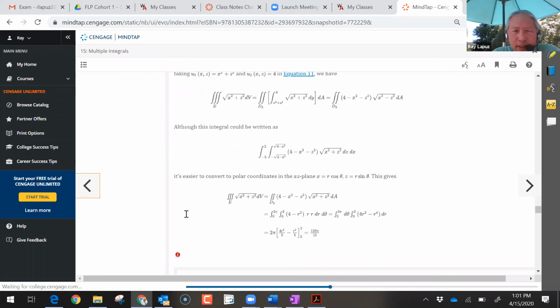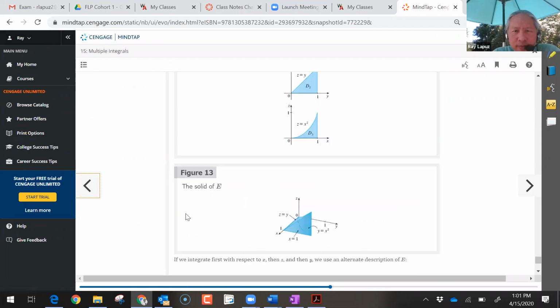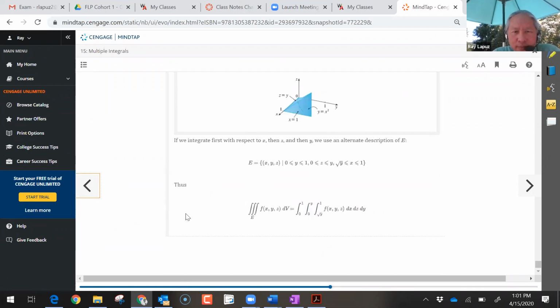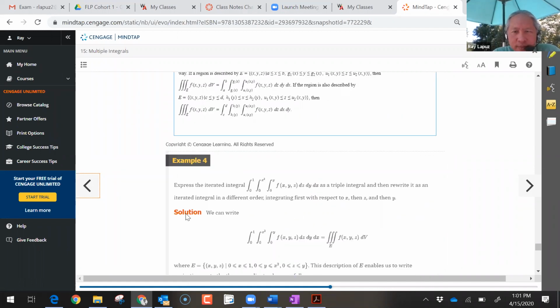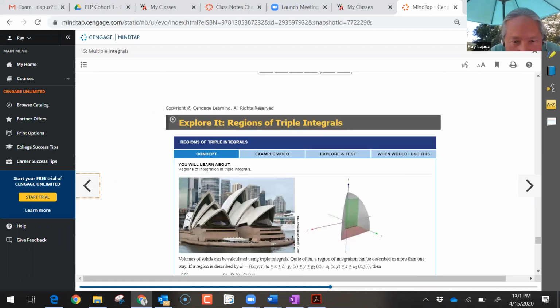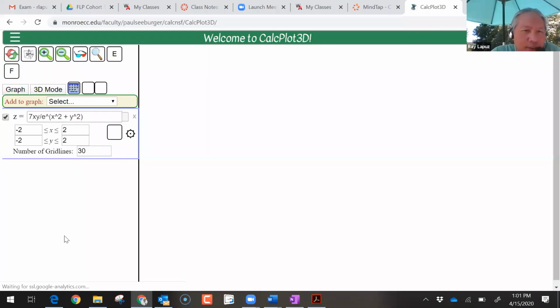Now we could use any of these, but let's see if we can. Well, this looks interesting. All right, cheese wedge. Let's do a region.